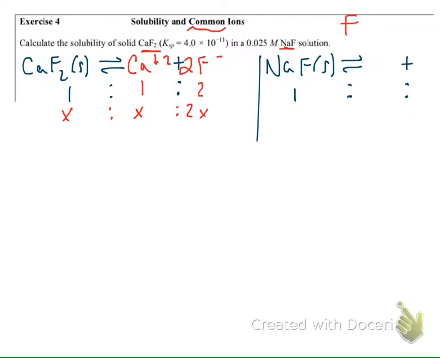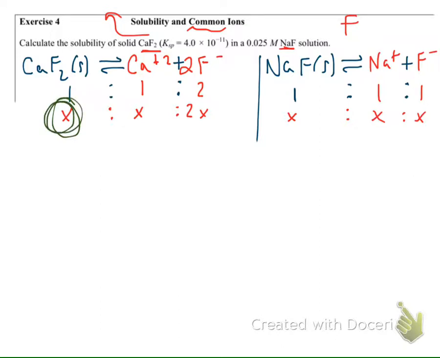And if we do similarly for sodium fluoride, we get Na plus and F minus with a 1 to 1 to 1 ratio and an X to X to X ratio. So we want to figure out where to start here. I know that I need to end with this calcium fluoride. This is what I'm looking for here. I'm looking for this X value.